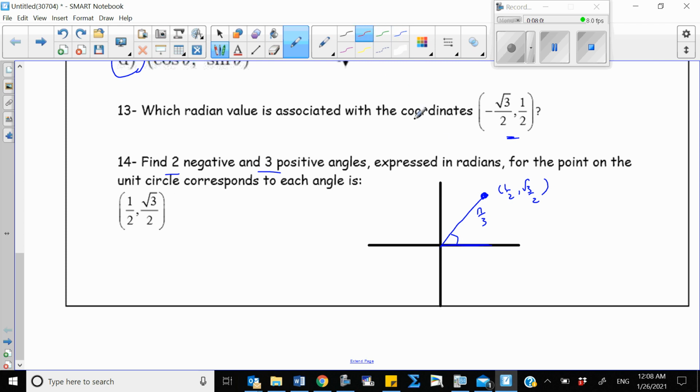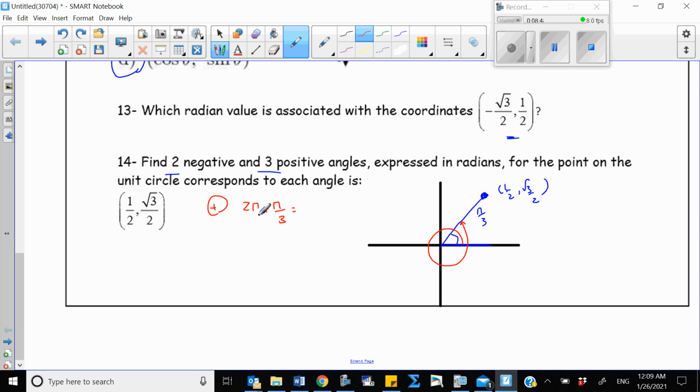So just find coterminal angles, because we have learned that if we find a coterminal angle with this one, the initial side and the terminal sides are basically the same for both of them. So here I'm trying to find one positive one. For positive one, start here, go to the positive direction, and it will end at this point. So one positive angle will be full circle, which is 2 pi plus pi/3.